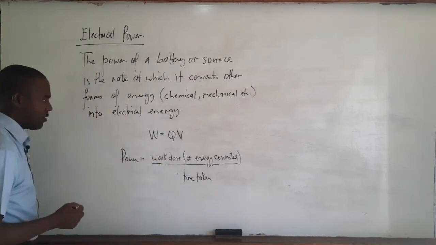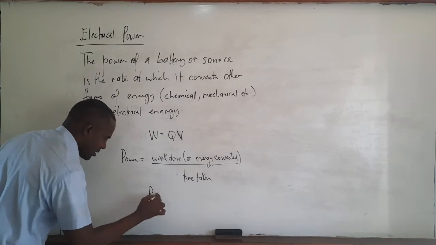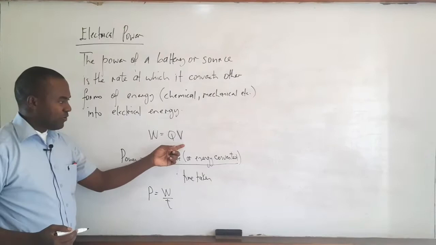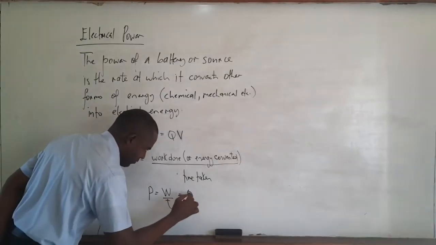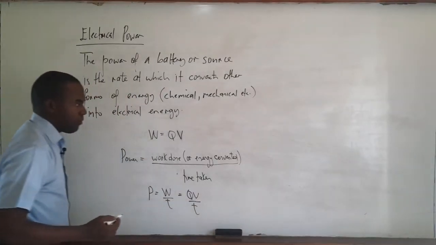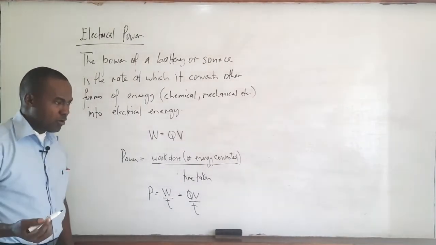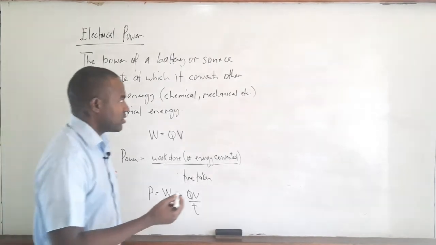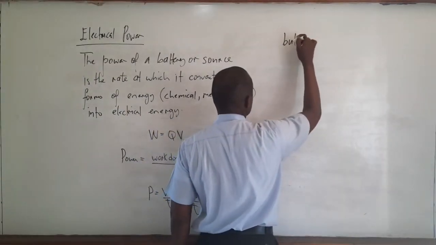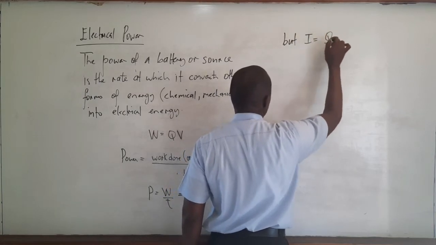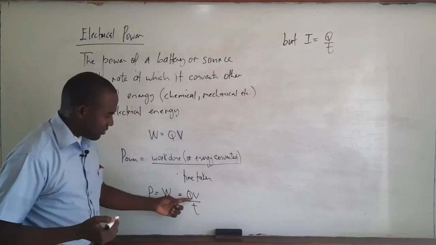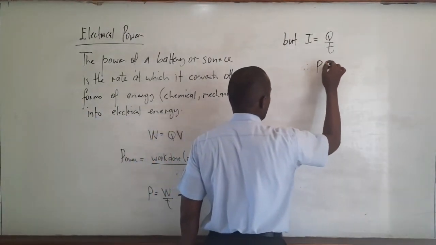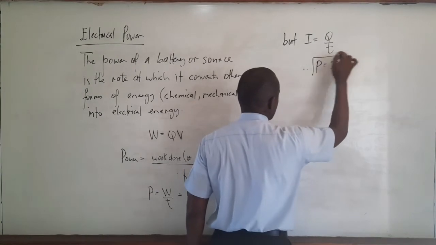So using this formula, P is equal to W over T. But W is equal to QV, so this gives us QV over T. If we recall, electric current is defined as the rate of flow of charge, so I equals Q over T. So the Q over T is equivalent to the current I, and therefore power is equal to IV.